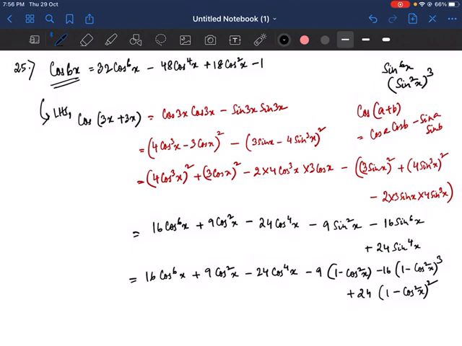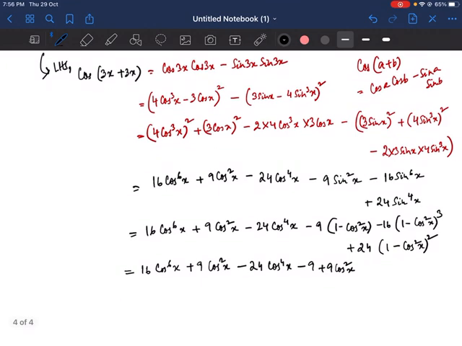So if I solve these, we get 16 cos^6 x plus 9 cos square x minus 24 cos^4 x, then minus 9, then plus 9 cos square x. Then here we have to expand this, using the formula of a minus b whole cube. So minus 16 times: what is the formula?